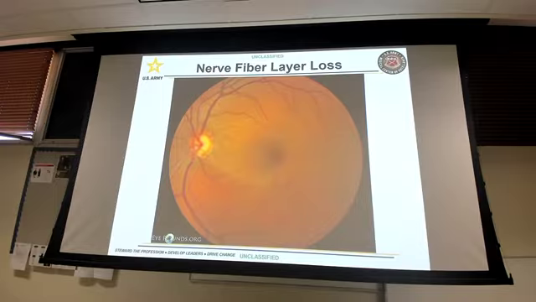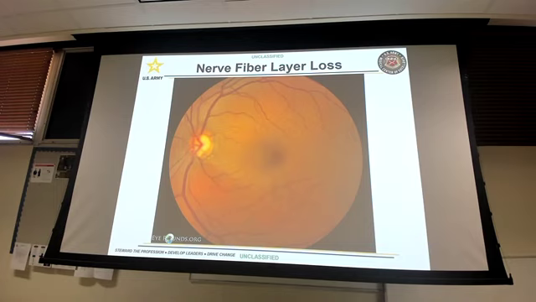All right. So with POAG, you can have nerve fiber layer loss. And this picture here is showing a little bit of it. It's kind of hard to see, but when you look into the eye, especially for a young patient, you'll see that there's this sheen over the retina. And when we take a picture of it, it comes off like a lighter color.